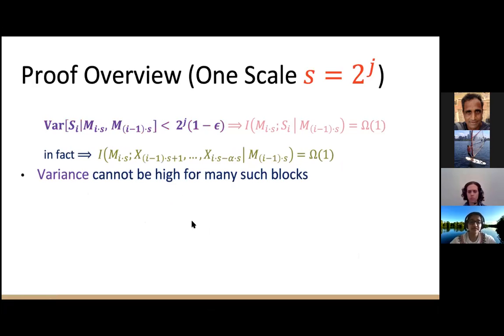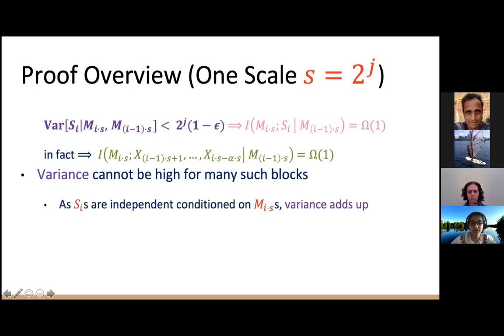So now let's look at the first statement. This information lower bound is only true if the variance of Si given Mi's is less than 2j times 1 minus epsilon. Our claim is that this variance cannot be high for many such blocks, because the Si's, which are the sums, are independent conditioned on these intermediate memory states, so the variances add up.